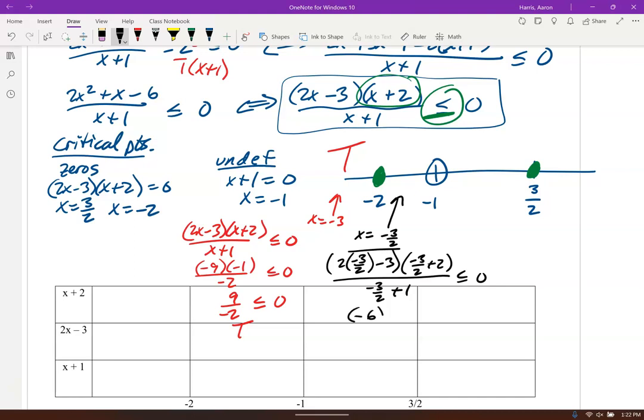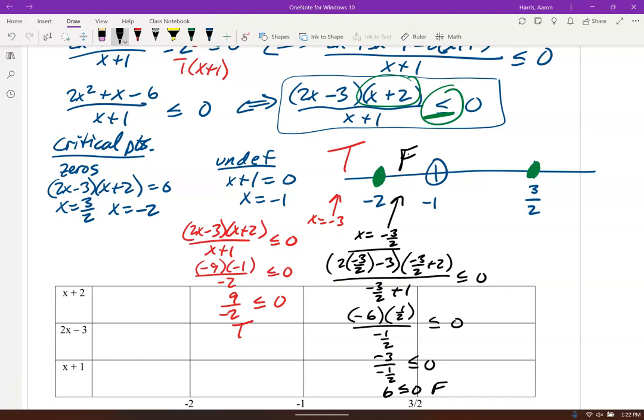That's a -6. -1.5 plus 2, so -3/2 plus 4/2 is a 1/2. -3/2 on the bottom plus 1, -3 over 2 plus 2 over 2 is -1/2. So I have a negative over a negative here. I have a -3 over -1/2, which is a +6. Is that less than or equal to 0? False. No. 6 is not less than or equal to 0.